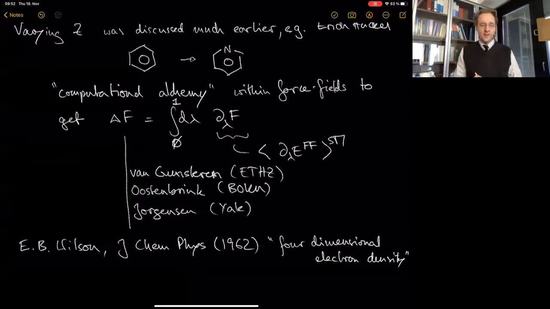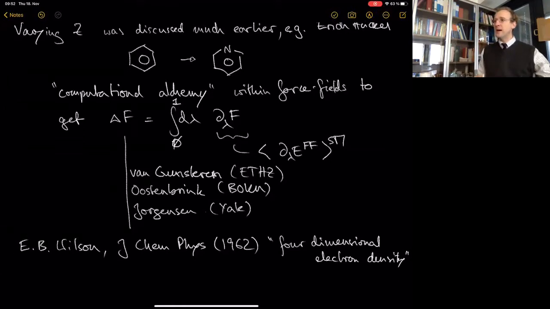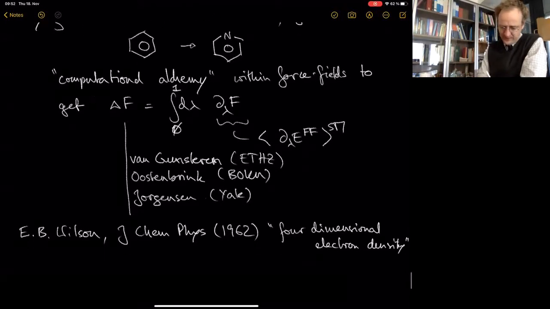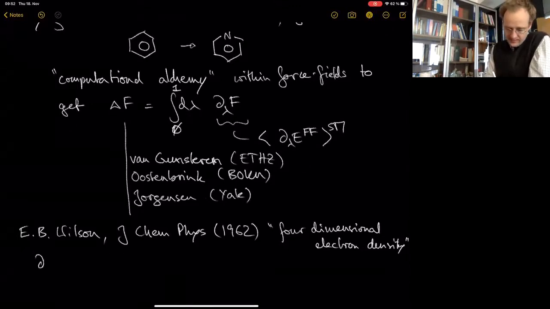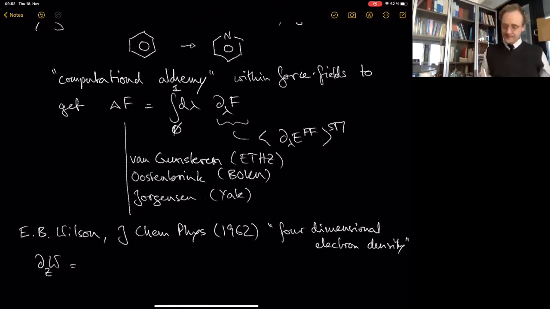And he basically wrote down the expression for the Hellmann-Feynman derivative in the nuclear charge. So he writes the energy as W, which is a common symbol also for the variational theory.